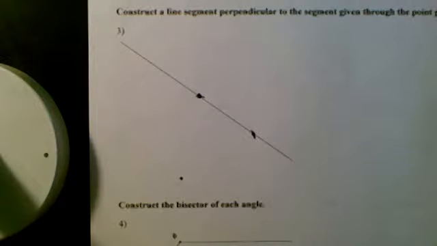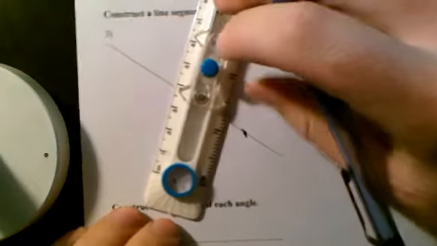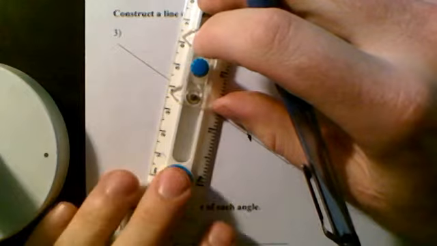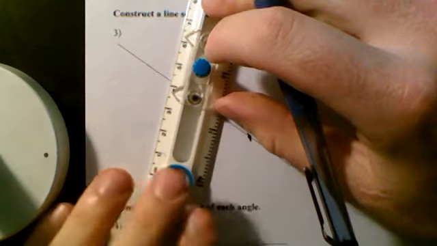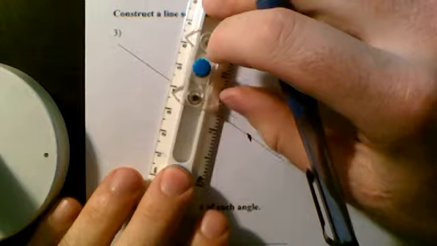Okay, what you're going to do next is you should have the same distance on your compass already. It's the distance from the point to that segment where I just constructed that point.